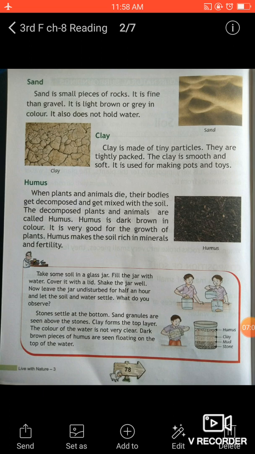At the bottom you can see in the picture there are stones, then there is mud. Clay forms the top layer. And between the clay and stone there is mud, that is sand particles. And the color of the water is not clear. Dark brown pieces of humus are seen floating on the top of the water.